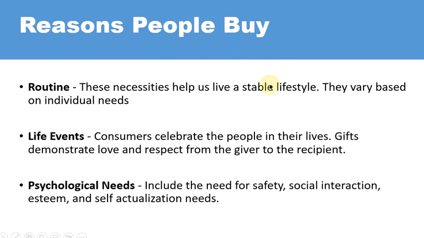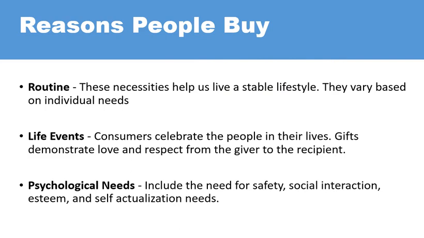If you took that vitamin away, people could still pay their mortgage, they could still buy gas, they could still buy clothing. So that's where you have to think about what is going to motivate my ideal customer or potential ideal customer to buy my product or service. When you think about living a stable lifestyle, you think about those bread and butter purchases like groceries, paying the mortgage, paying rent, putting gas in the car, having a stable income.